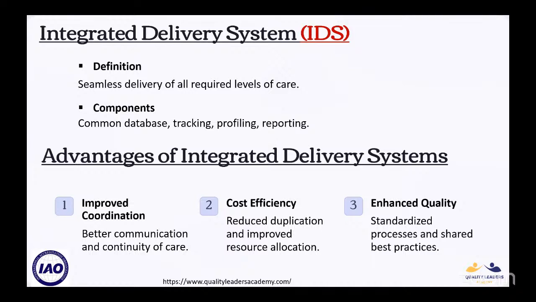What are the advantages of an integrated delivery system? You see, there is improved coordination, better communication, and continuity of care. When all providers have access to the same patient record, we can see what tests were done, what medications were prescribed, and what treatments were attempted. They make better decisions.